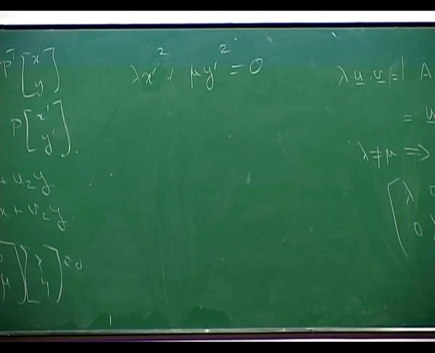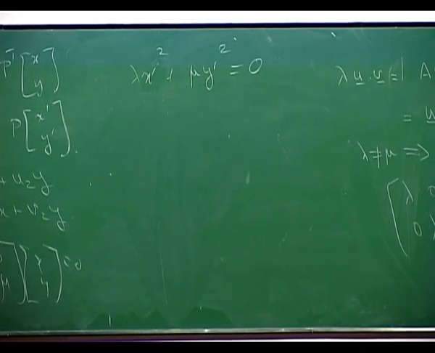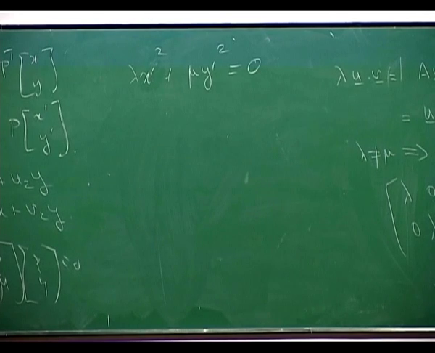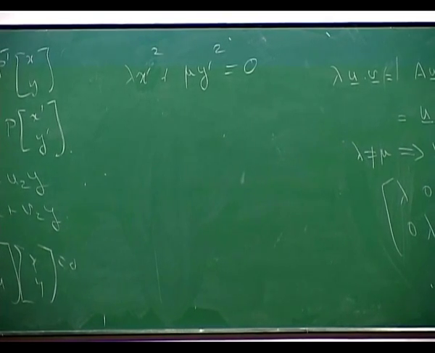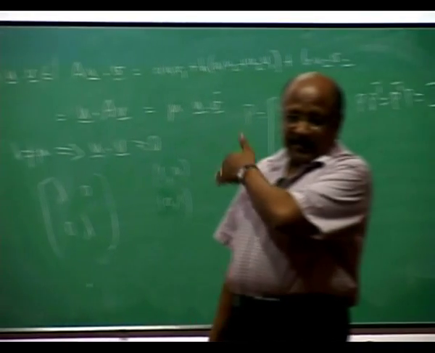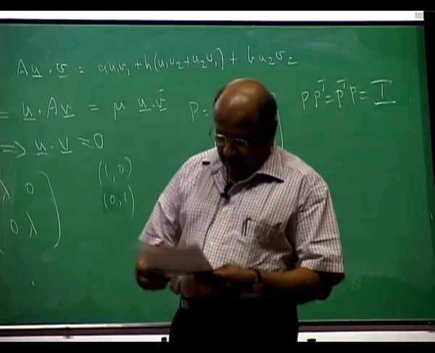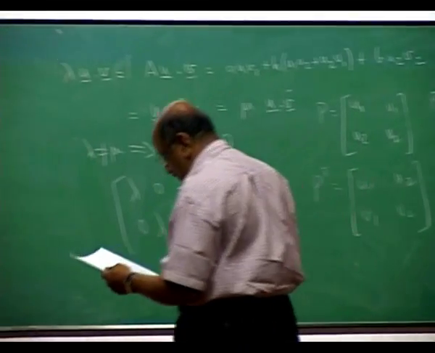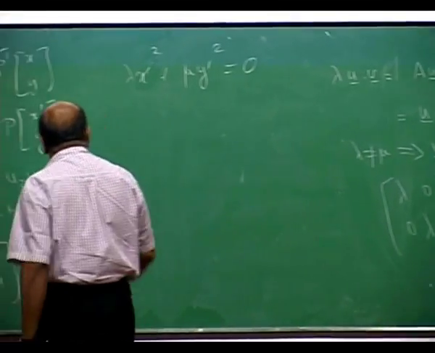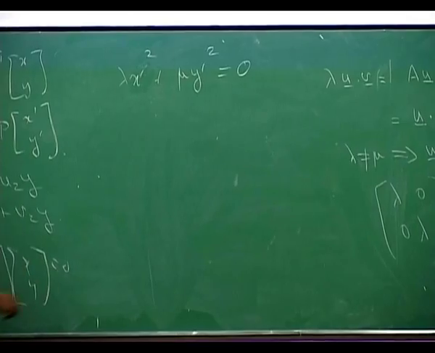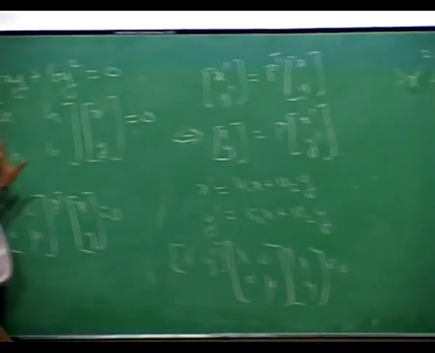So that equation has been simplified by this change of variable. So what we have actually done is, by computing the eigenvalues and eigenvectors, done all the tan theta, cos theta, sin theta calculations painlessly. Finding these eigenvectors is very simple, as we will see in an example later on. Of course, lambda and mu cannot both be 0, because then the matrix will be 0.